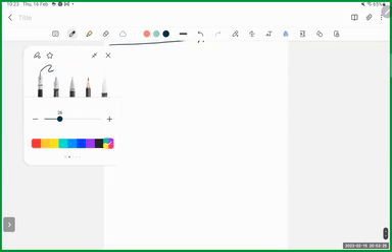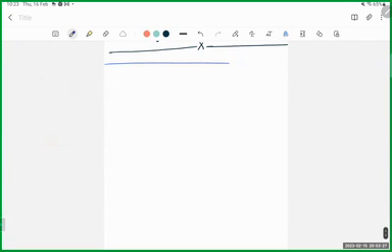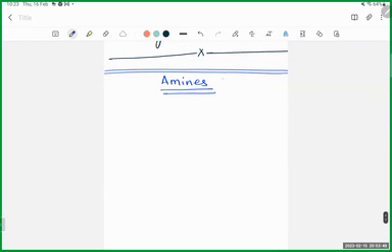So let's begin the new chapter. This chapter name is amines, the new functional group after carboxylic acid. Before going to amines, let me tell you how many marks will be given to the amine chapter. Basically 5 marks.